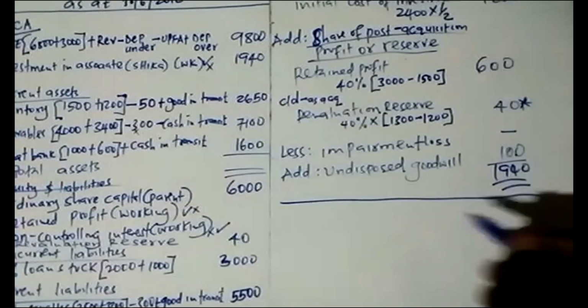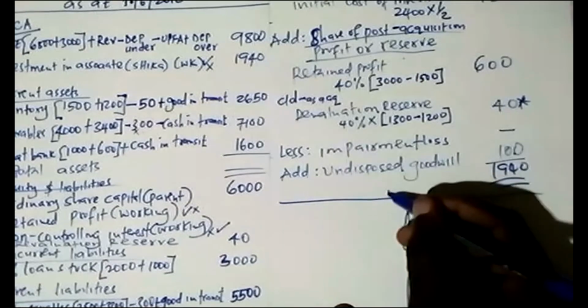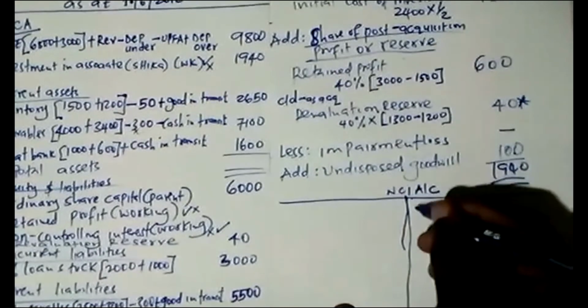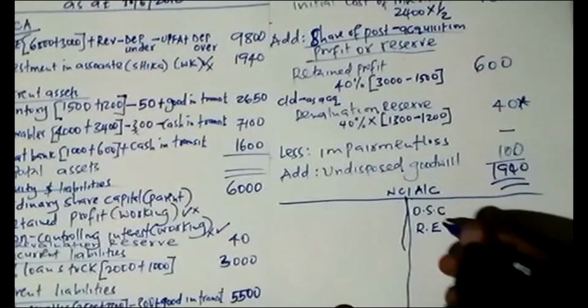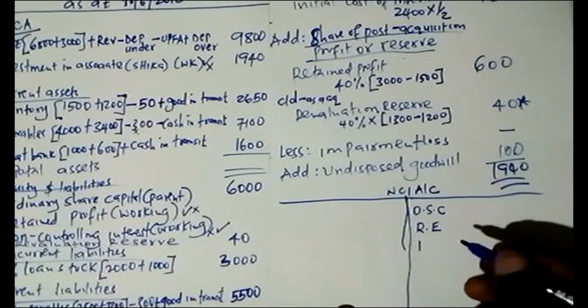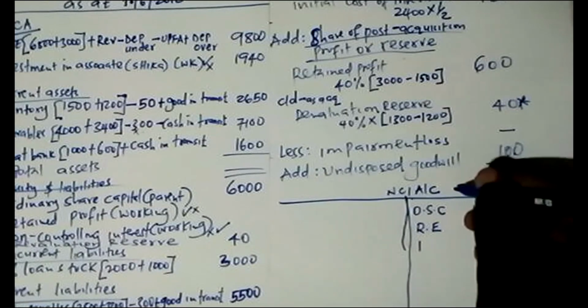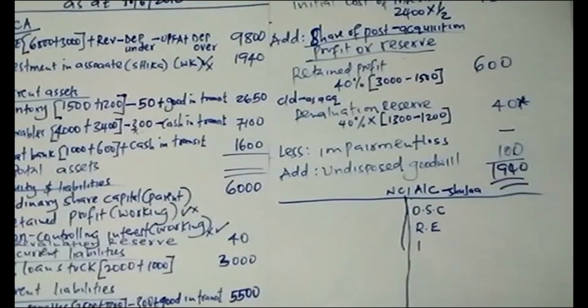So I will start with the NCI account. Remember that on this side we have net assets like ordinary share capital, retained earnings, things like that. For the ordinary share capital for Shika, remember that the NCI concerns not Shika but Shuja, because Shuja is the one which was a subsidiary by the end of the period.